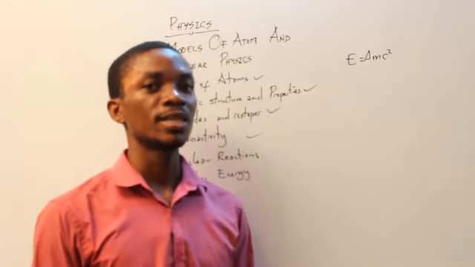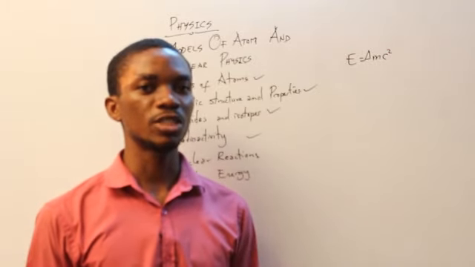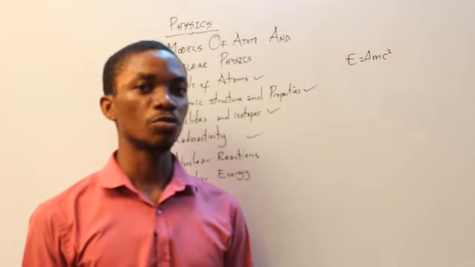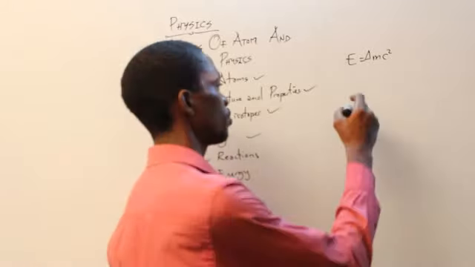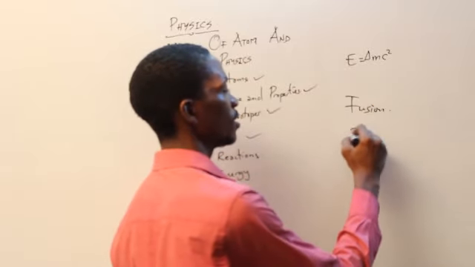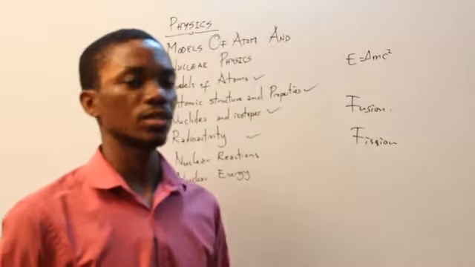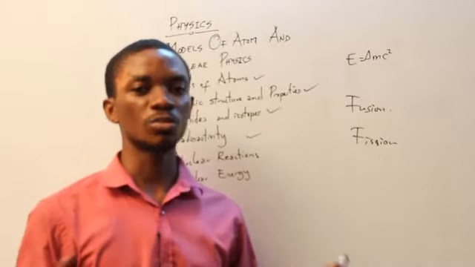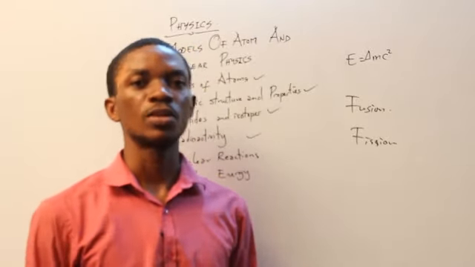This suggests that nuclear fusion has a higher energy-producing chance than nuclear fission. It produces more than fission. So fusion has the chance of giving us more energy than fission has the power to give.